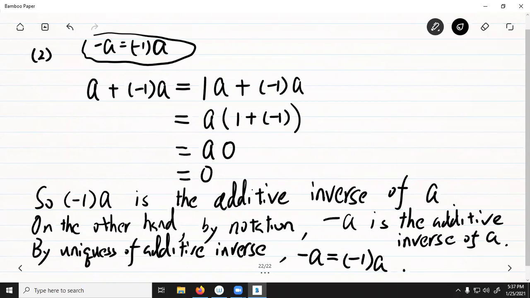Although you have different forms, these two forms must be the same, right? They denote the same number. So negative A equals negative 1 times A.